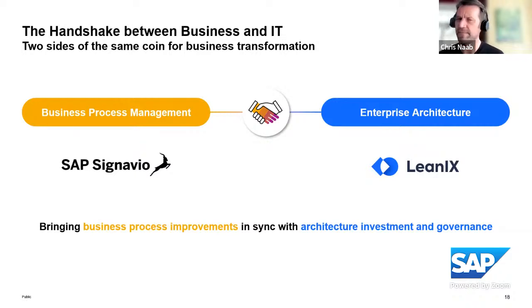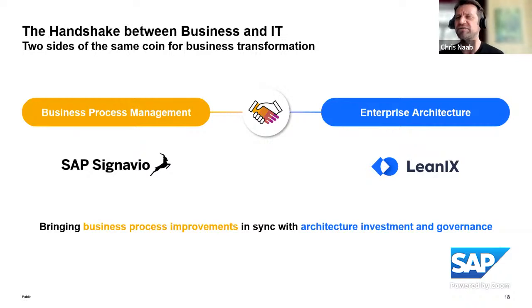So if you think about it, business process management and enterprise architecture are independent work streams. Business process management is a discipline more often found with lines of business, when the focus is on business processes and finding a system to continuously improve those business processes.